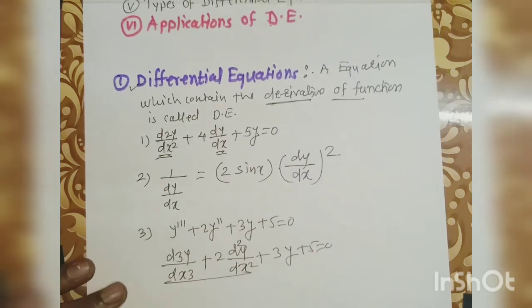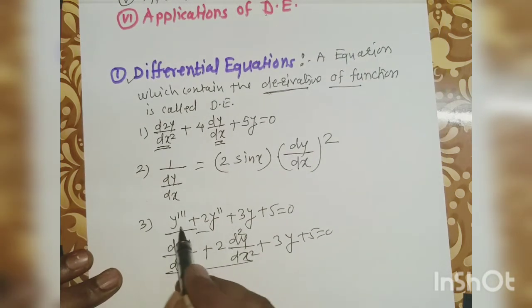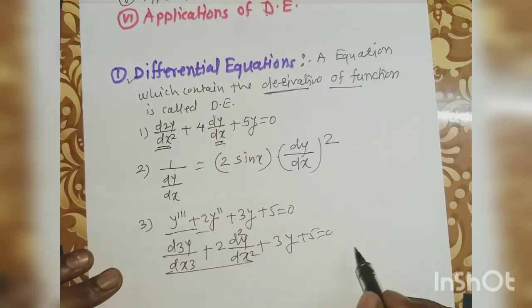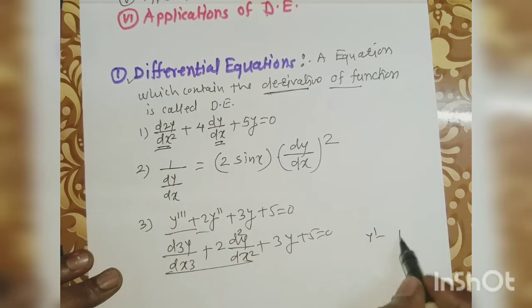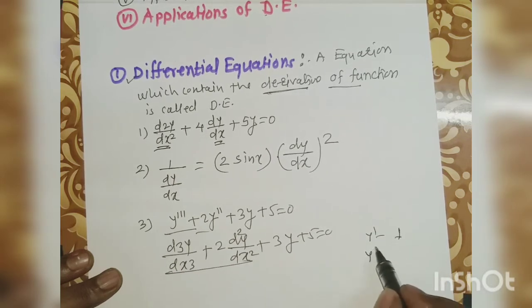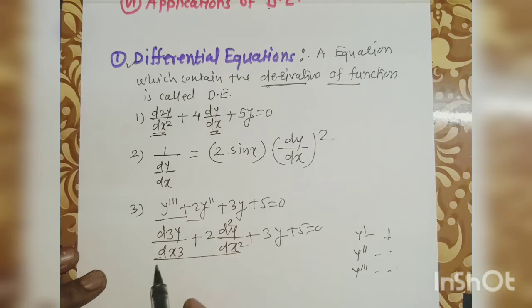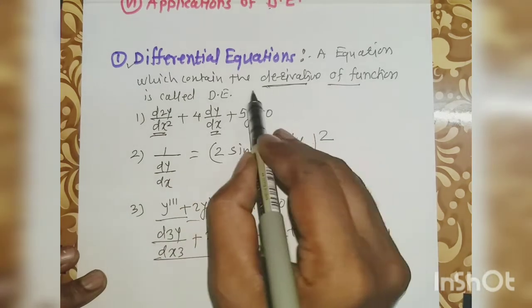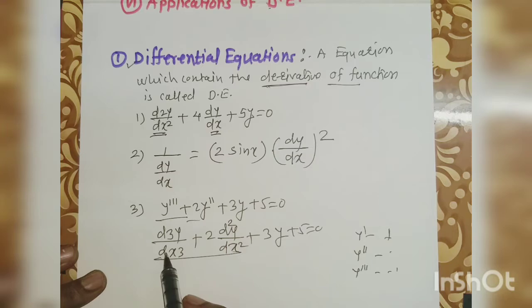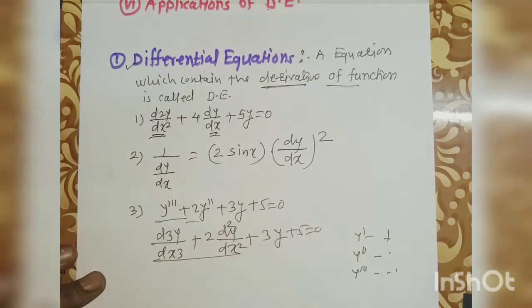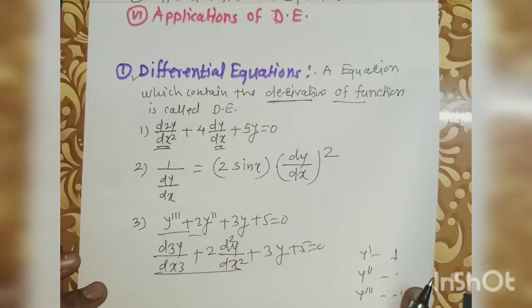Now this is also a differential equation, but here written in another form. y dash is the first order derivative, y double dash is the second order derivative, y triple dash is the third order derivative. In this way, the equation which contains the derivative of the function is called a differential equation.